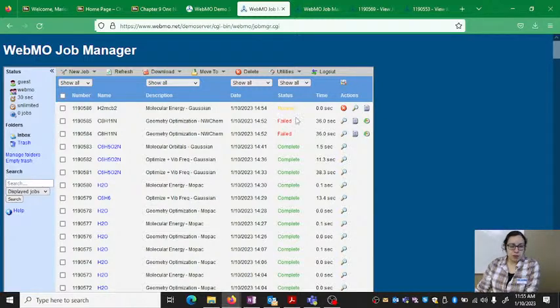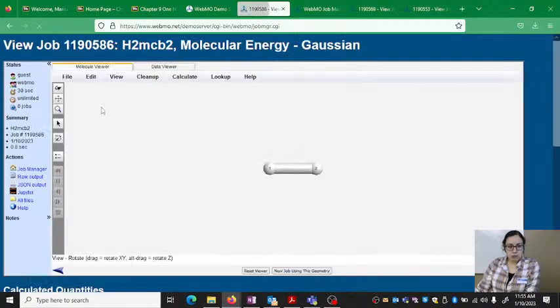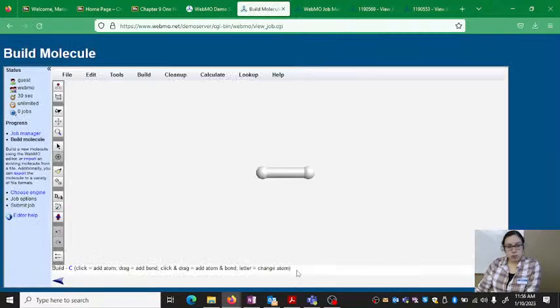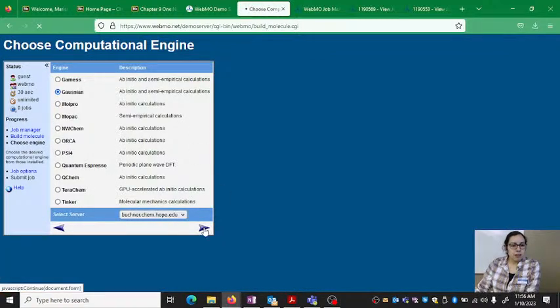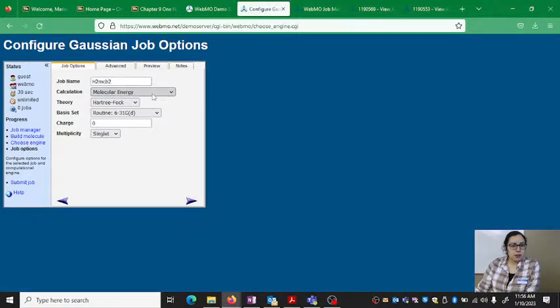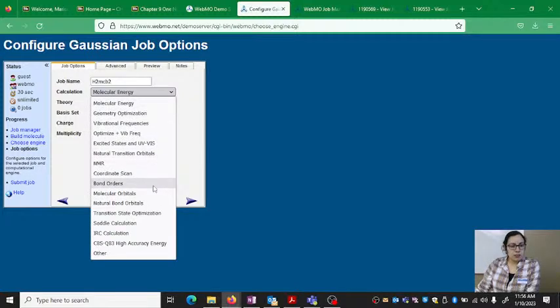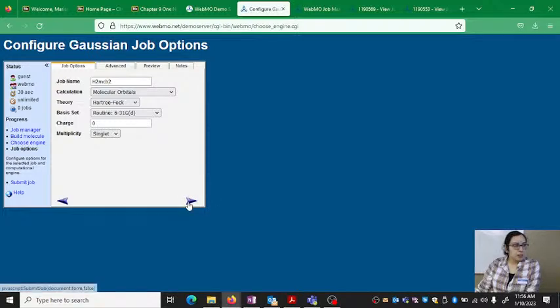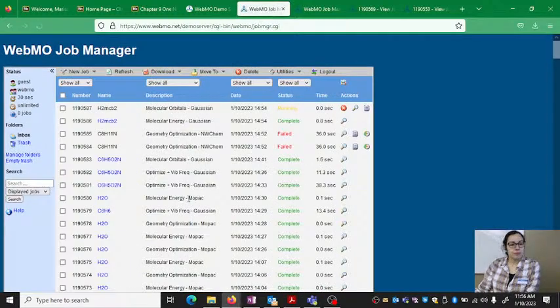This should be fast, hopefully. There we go. Once you've optimized it for energy, you can do a new job with this geometry. Then instead of a molecular energy calculation, they have molecular orbitals, so you can click that and let it run for a second.